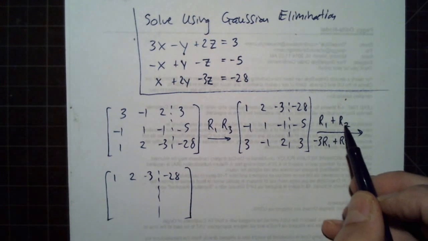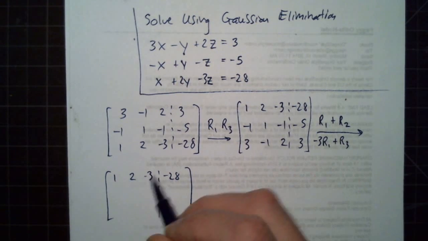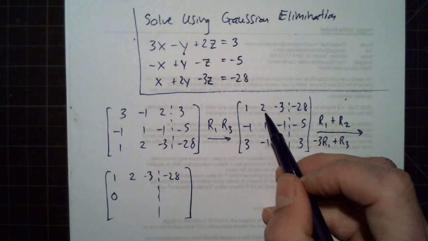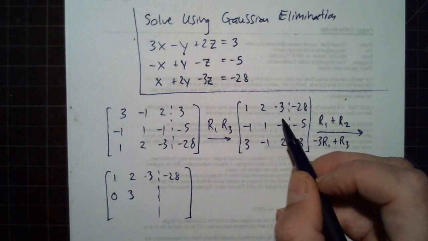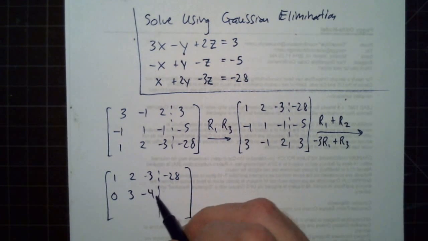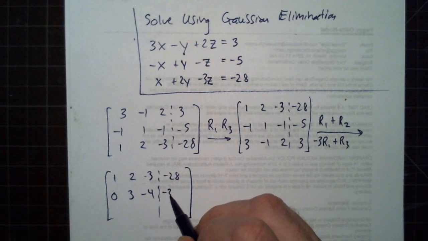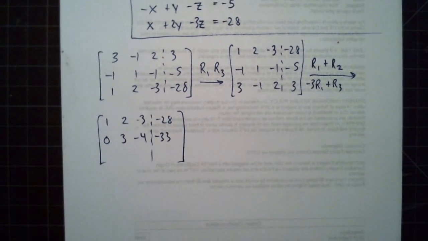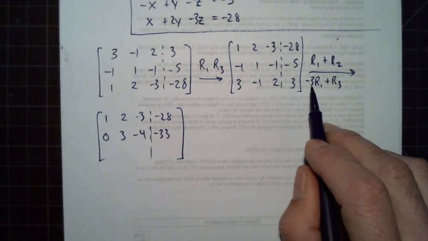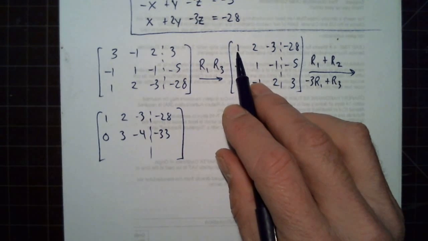So we're going to go row 1 plus row 2. Row 1 plus row 2 is 0. Row 1 plus row 2 is 3. Row 1 plus row 2 is -4. Row 1 plus row 2 is -33. And then we're going to have -3 times row 1.